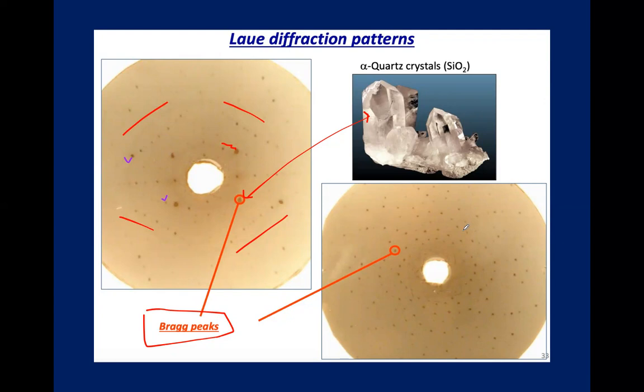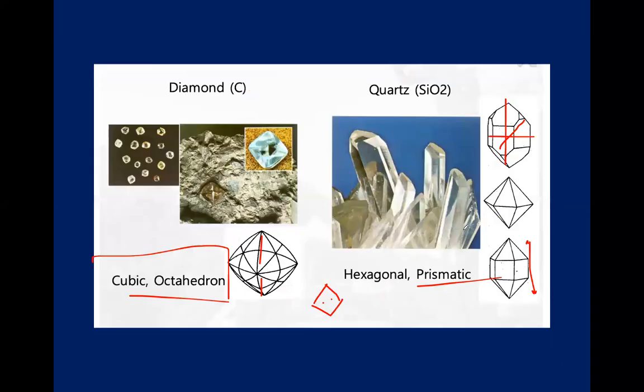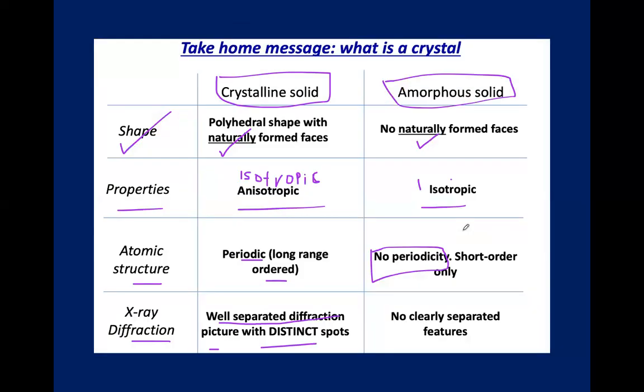I mean, some different shape. Okay, for a given material, it is specific. But the amorphous materials, you don't see clearly separated features by X-ray diffraction, right? So this is the very basic introduction to the beginning of crystallography, right?